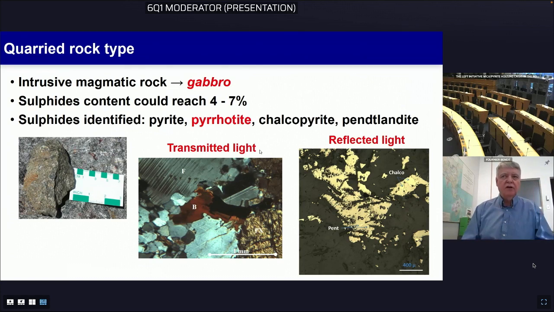And as you can see in the two pictures in the middle, the presence of biotite, which is a mica, and some feldspars are highlighted also in the rock, which may play a role in the deterioration process.